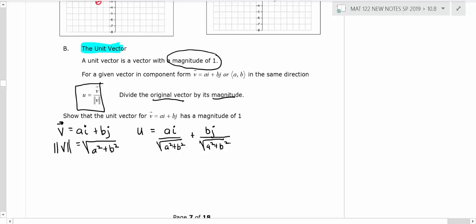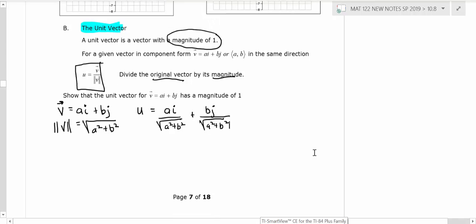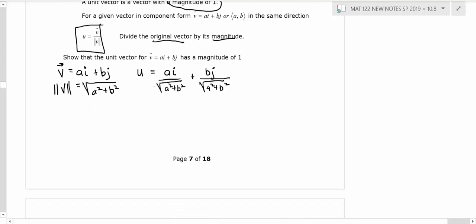Okay? All right, so what I'm going to do on this is show you that if we did the magnitude of this unit vector, we would get 1. Okay, so here's how this goes. We're going to do the magnitude of this unit vector. Watch carefully how I do this then.